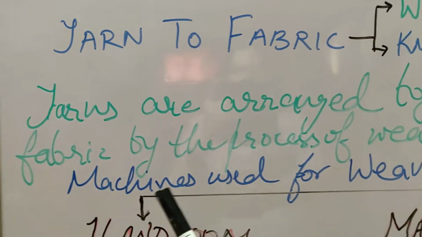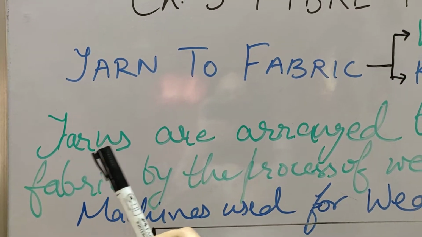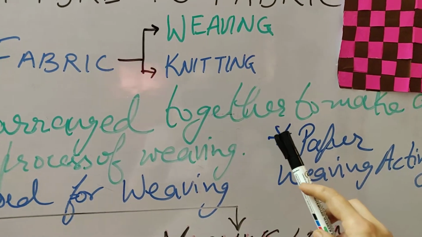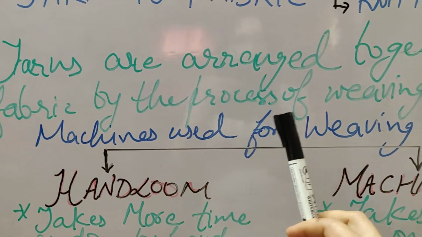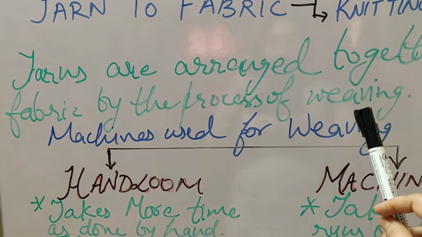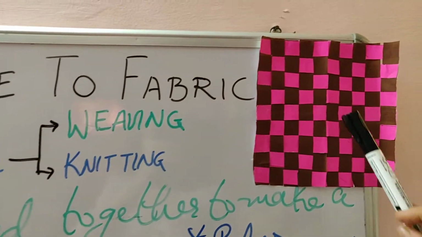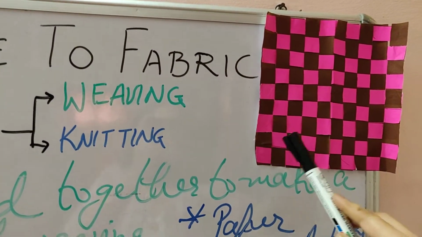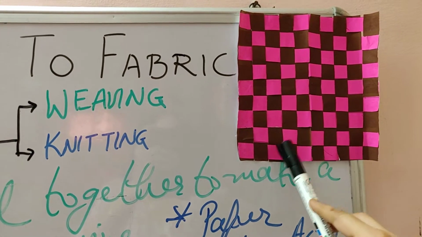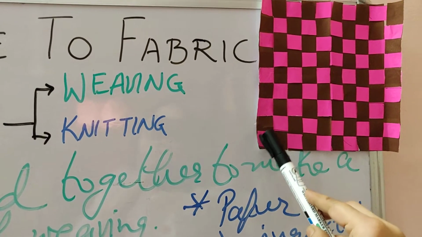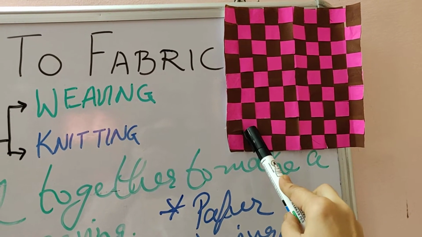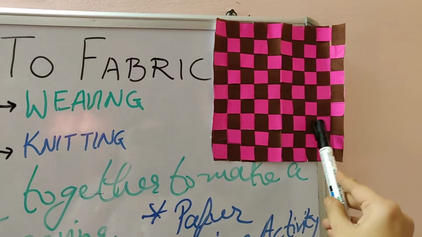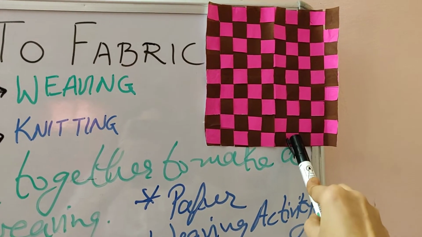Now yarns are arranged together to make a fabric by the process of weaving. As in this paper weaving, two different strips of paper of two contrast colors were taken and arranged together. You can clearly understand from that video how this was done.